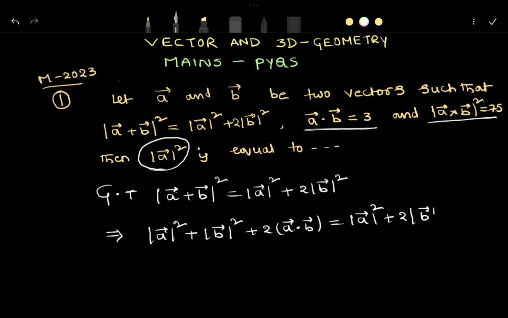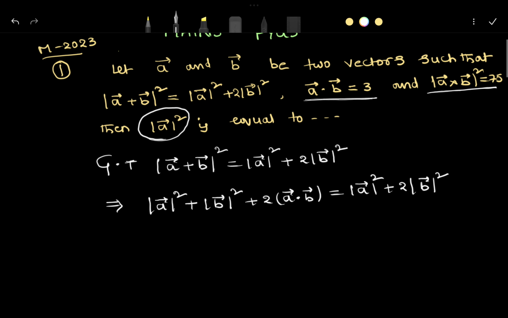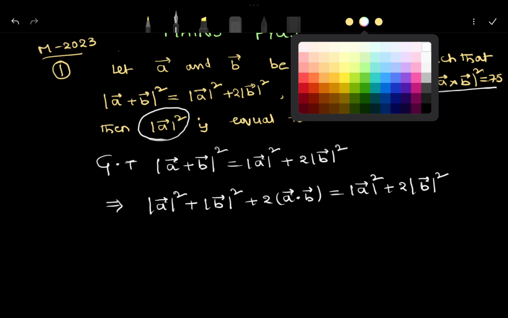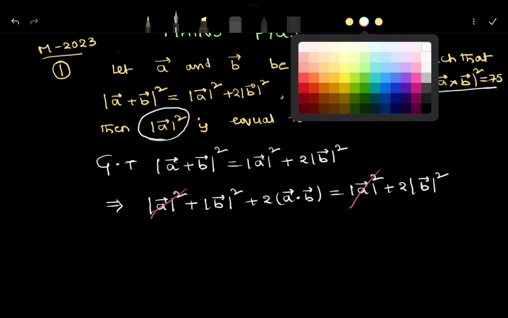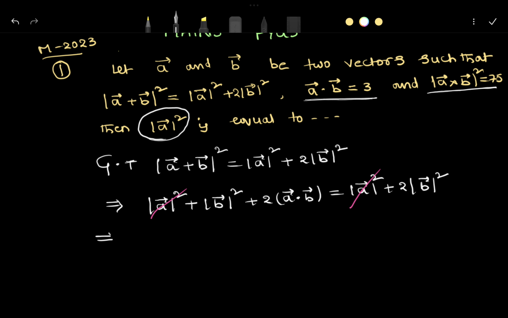In this, modulus of a bar whole square will be cancelled on both sides. Now taking modulus of b bar whole square to the other side, it becomes 2 into modulus of b bar whole square minus modulus of b bar whole square, which is modulus of b bar whole square.